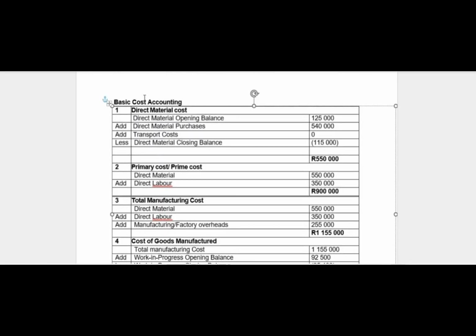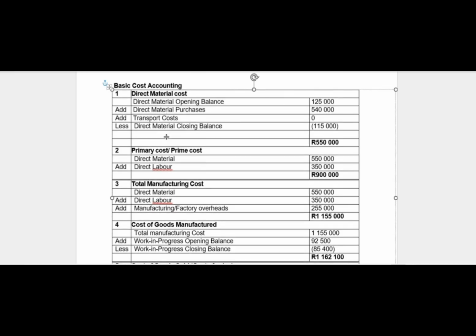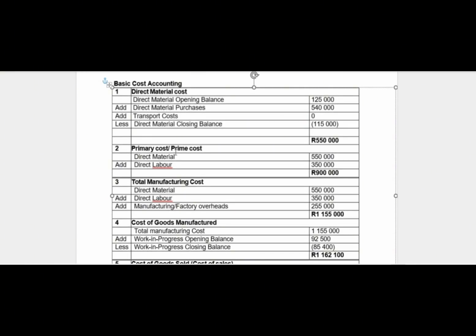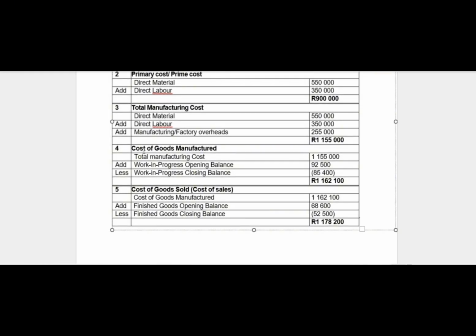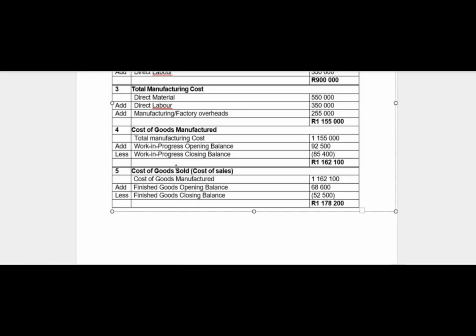Because if you check, we had direct material. After that, we were able to calculate prime cost. After calculating prime cost, we are able to calculate total manufacturing cost. After that, we are able to calculate cost of goods manufactured, and then we are able to calculate cost of goods sold.